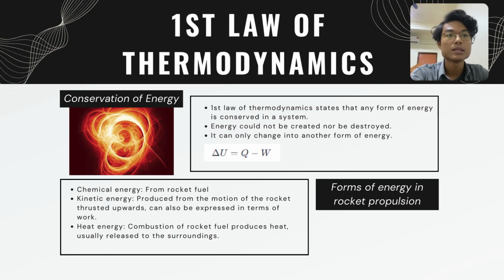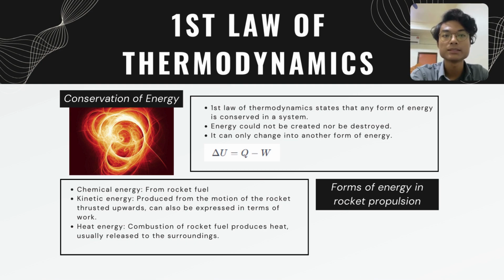Now I will talk about the forms of energy in our application for today, which is rocket propulsion. The first type of energy is chemical energy. This energy is produced from the behavior of the molecules inside the rocket fuel. After the chemical energy is combusted, it will generate thrust.